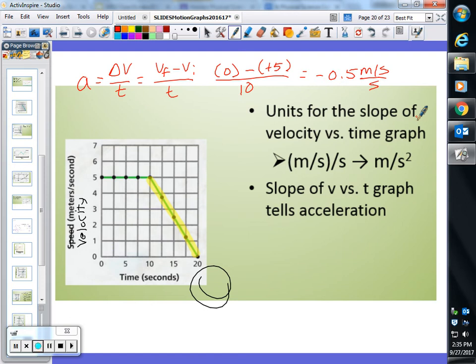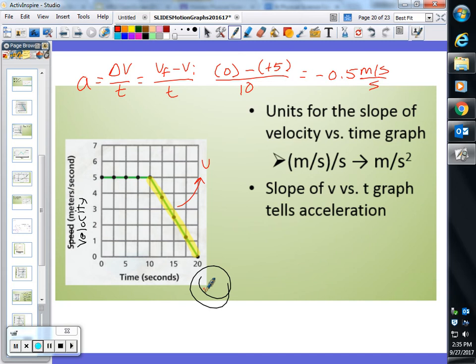This is a negative acceleration, right? Physically, what's happening to the object here? It's slowing down. Remember when we first introduced acceleration, we said negative acceleration doesn't always mean slowing down. In this case, it will, because during this section, what sign do all the velocities have?